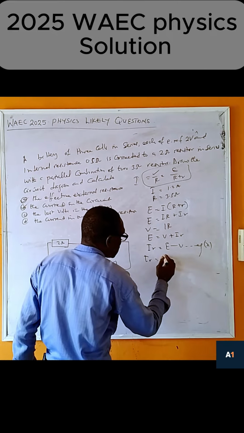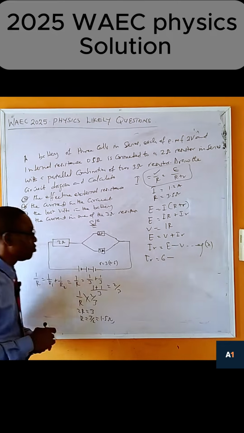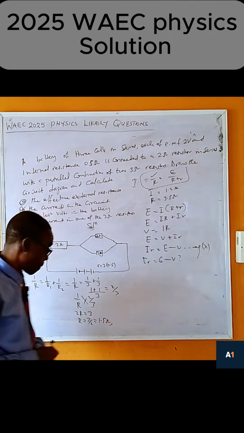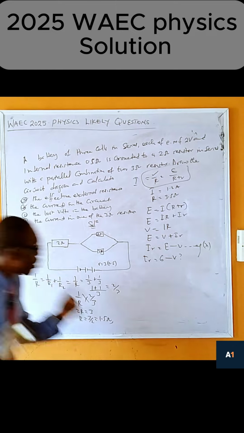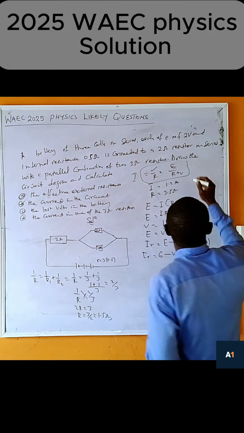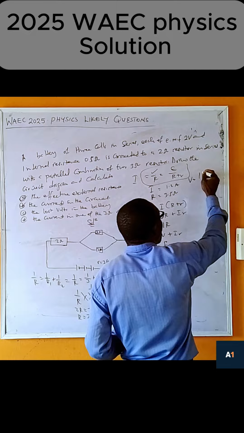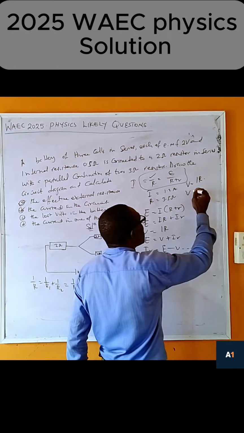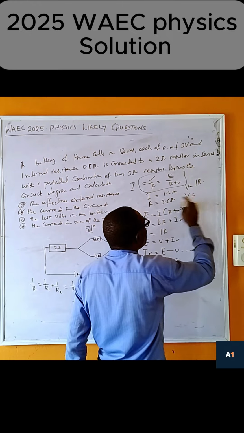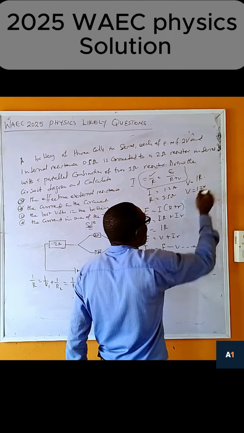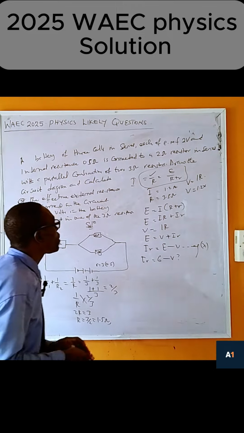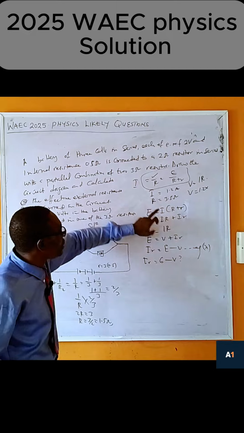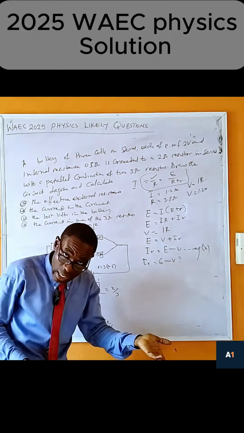Now, what is this one? E minus V. How do we get V? Remember that V is equal to IR. So V, what is I? I is the current, which is equal to 1.2, multiplied by R. This R is different from the internal resistance.